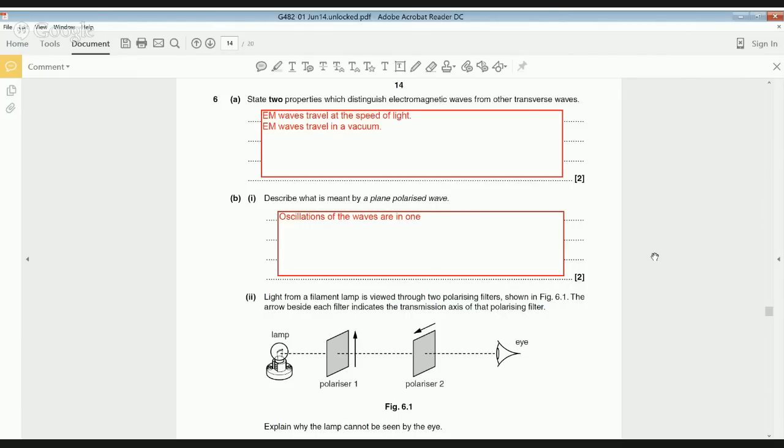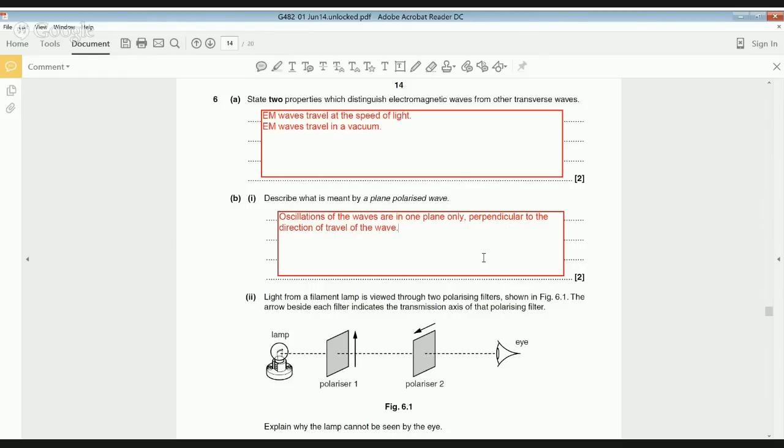The mark scheme actually says direction, but plane is better to say. That plane is perpendicular to the direction of travel of the wave. The second part of the definition is really just the definition of a transverse wave.